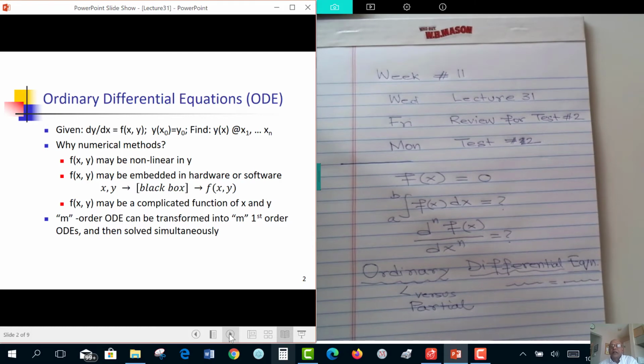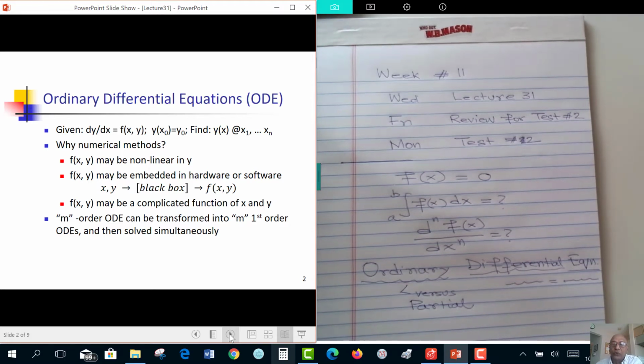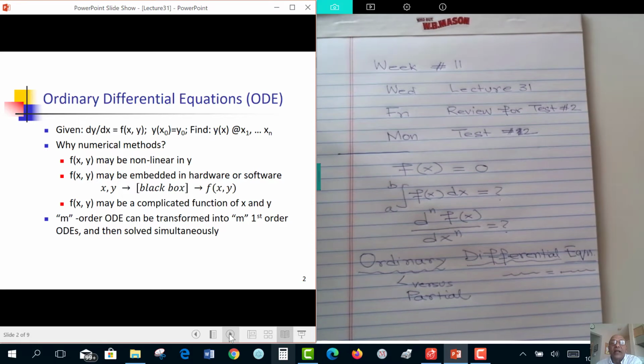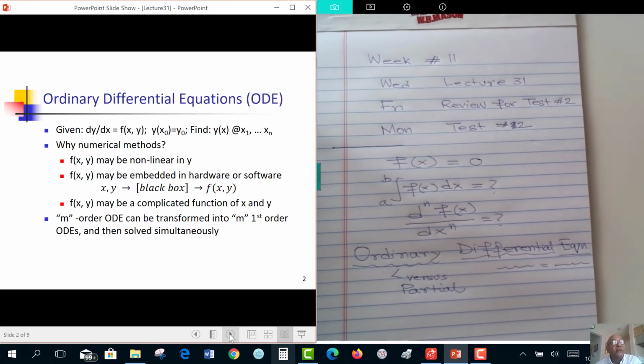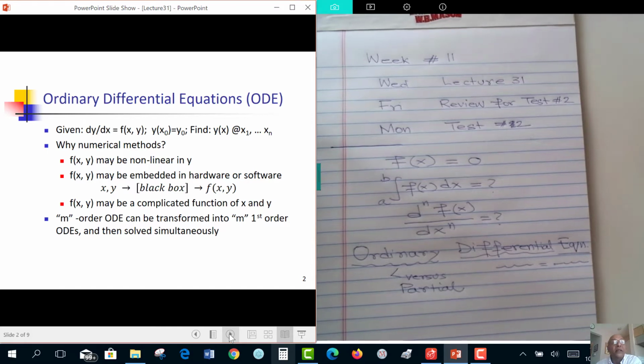So if you have not taken a differential equations course as yet, do not worry about it. You are going to be properly prepared for taking that course. If you are taking it simultaneously, I hope whatever I am talking about this week and next week would be very useful to you. And if you have already taken a differential equation course, I hope you learned some new insights from my description.